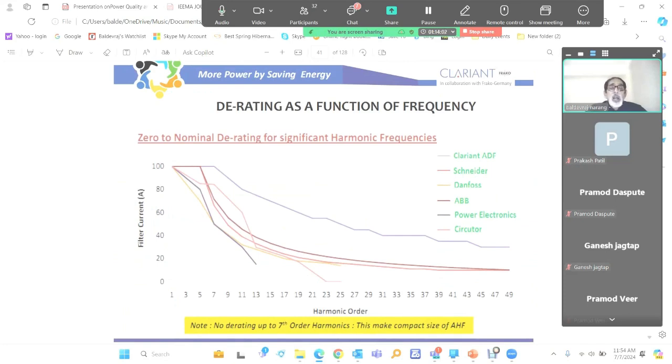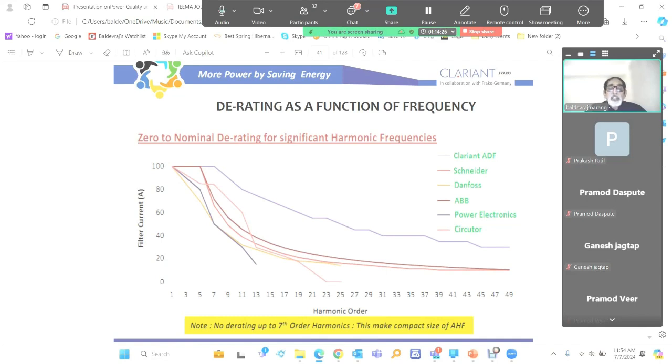As we go higher, initially fifth and seventh harmonics we can filter out easily, but as we go higher, there is a derating of the system. Suppose a 100 ampere system, we don't get 100 ampere, we get maybe 60 ampere or 40 ampere at higher frequencies, and ultimately it doesn't work beyond a certain frequency.